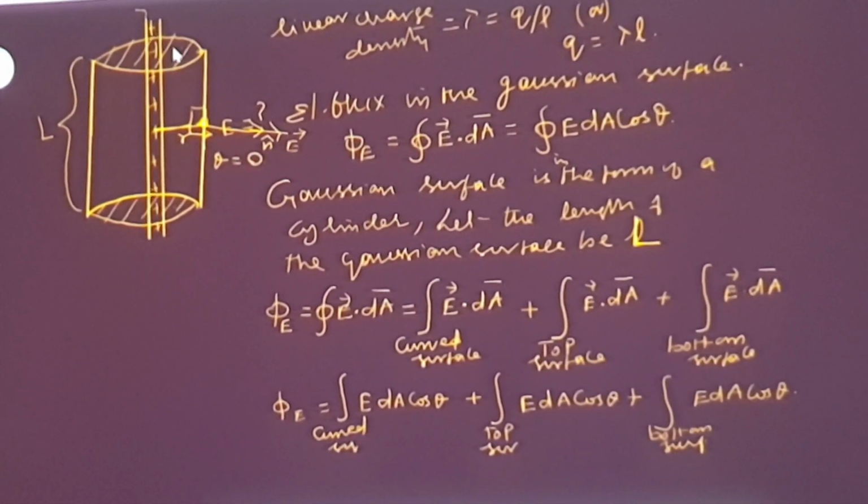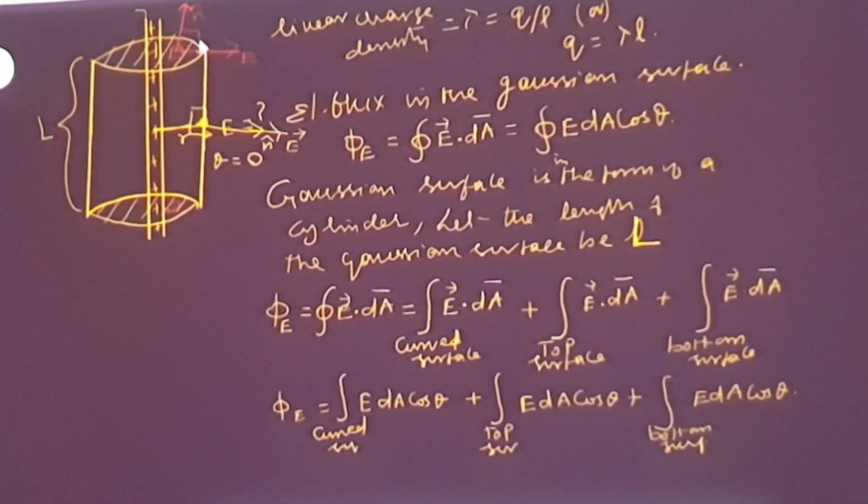Similarly, if you consider a small surface area on the top end cap, the electric field is acting away, in this direction, and the normal drawn for the surface is n cap.